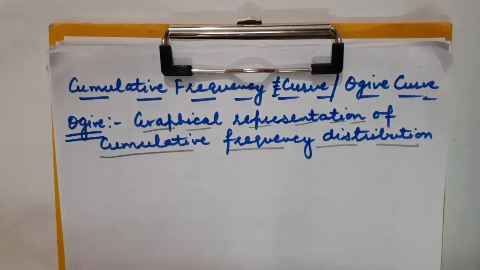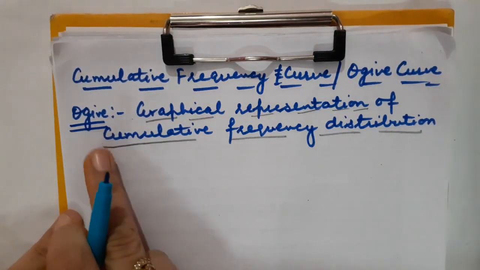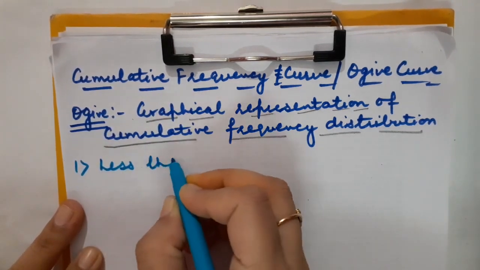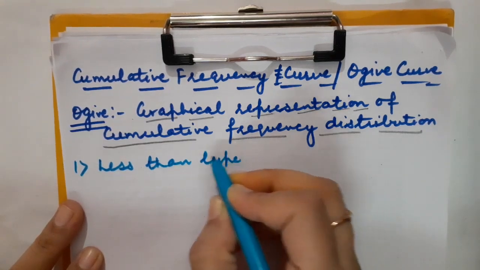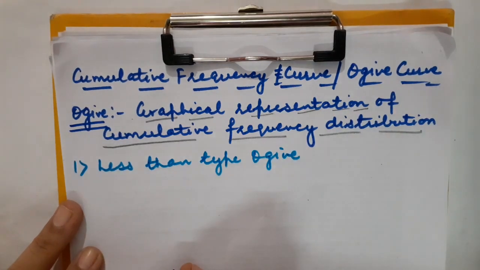Got it? So children, ogives are of two kinds. Number one, less than type ogive, and number two, more than type ogive.